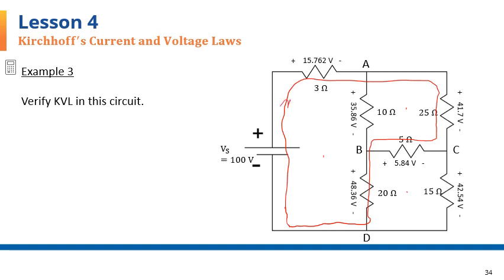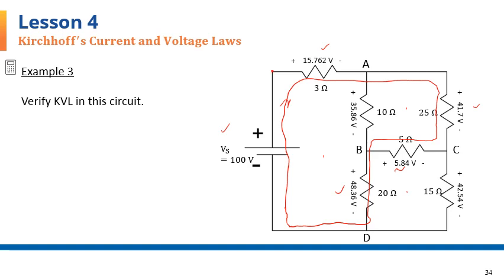So the elements that are on this loop are going to be this one, this one, this one, this one, and this one. Again, all of the drops on the left-hand side, all of the rises on the right-hand side.